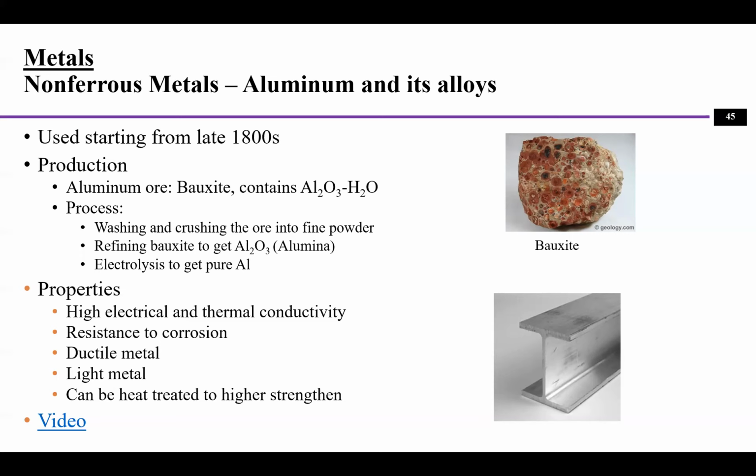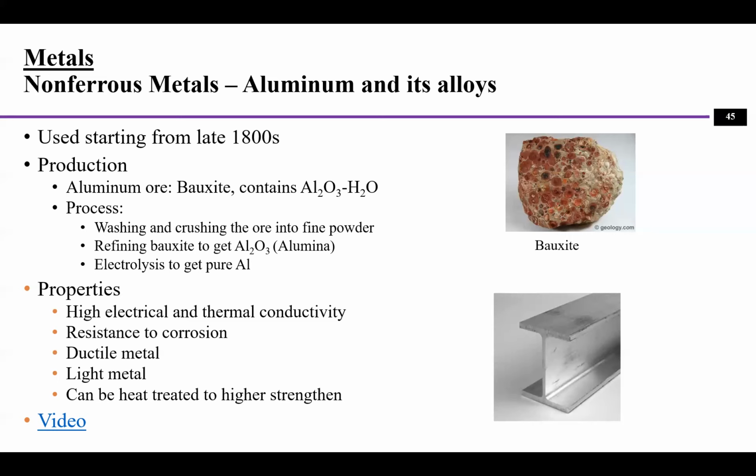When the airplane was just invented, originally it started with aluminum, right? Because it's light, and also it has good strength. So aluminum has actually been a very expensive metal in the past.